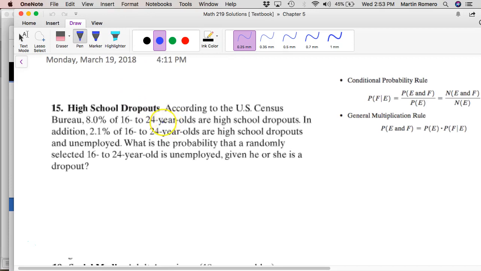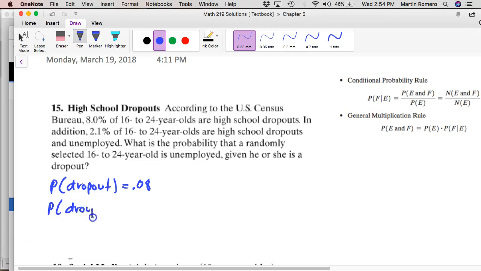I'm going to write down the information given to us. According to the U.S. Census, 8% of 16 to 24-year-olds are high school dropouts. So what we know now is the probability of being a dropout is equal to 0.08. We also know that 2% of the population are dropouts and unemployed.